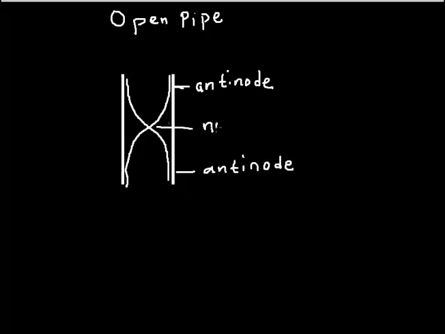So let's look at the distance. The entire distance of the air column: from one antinode to a node is a quarter wavelength. The same thing happens from this point to this point, so another quarter wavelength.